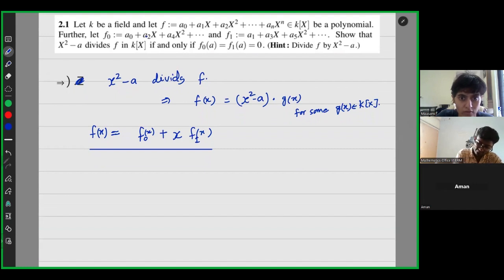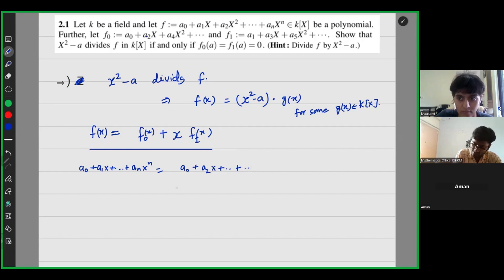So let's write here. This is A0, A1x, and so on, An x power n. On the other hand, this side we have A0 plus A2x and so on. We don't know if the last term is even or odd.